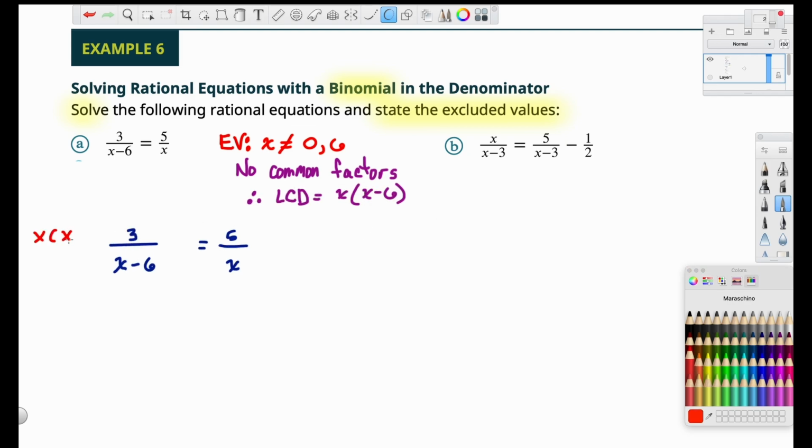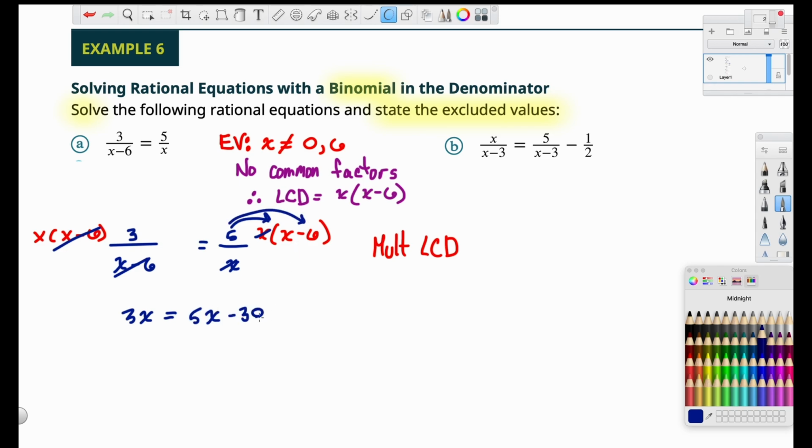We have no common factors in our denominator, so we're just going to multiply by both x and x minus 6. Going to distribute. 5x minus 30, and I get negative 2x equals negative 30. Divide by negative 2, x is 15.